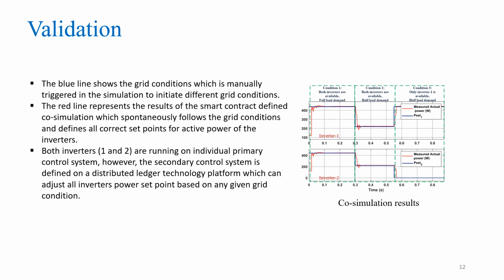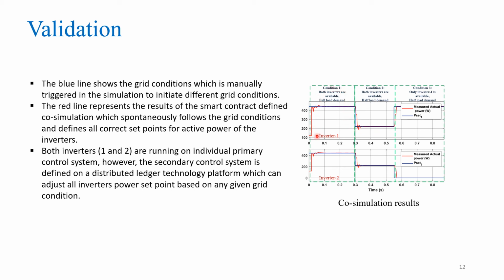We manually created these three different conditions during the simulation. Here in this graph, we presented the results for inverter 1 and inverter 2. The blue lines represent our manual triggering results, showing what the active power set value should be for each of the inverters, and the red line represents the results from the primary and the secondary control system.